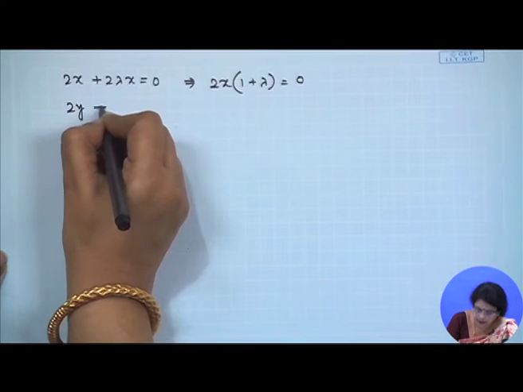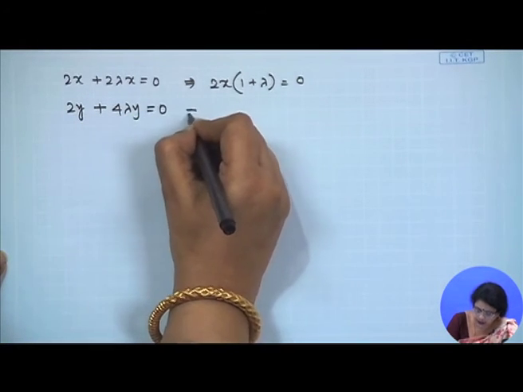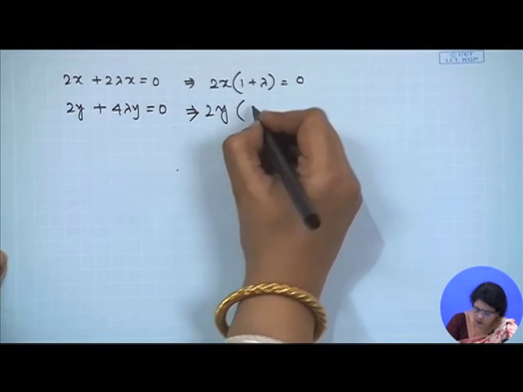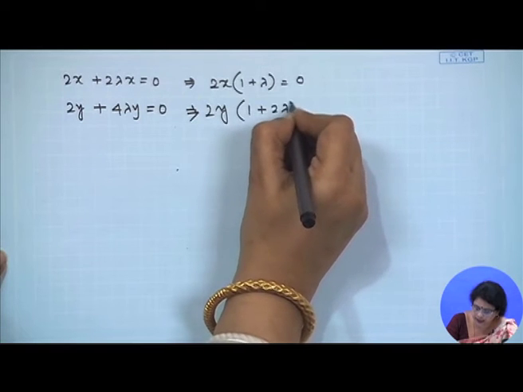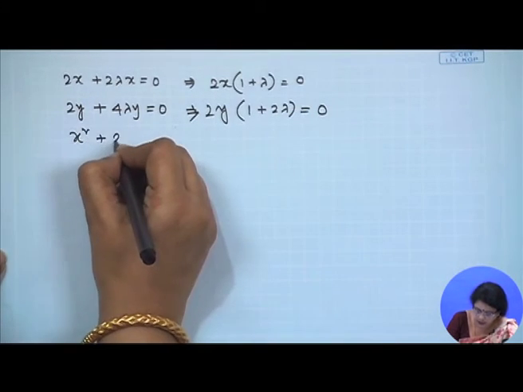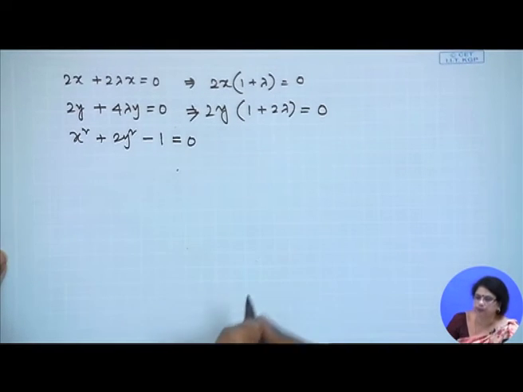The next, 2y plus 4 lambda y is equal to 0, which implies 2y(1 plus 2 lambda) is equal to 0. What else do we have? x square plus 2y square minus 1 is equal to 0.